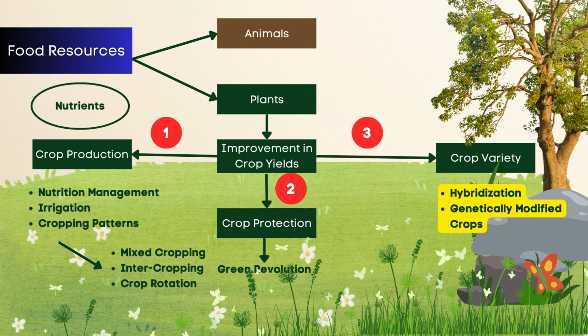This can be classified into three. First, crop production management, that is how to produce the different types of crops. But production alone is not sufficient, we have to protect the crop also. So crop protection management.